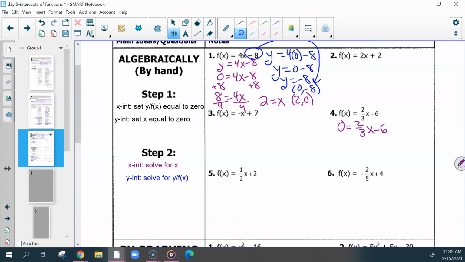Add 6 to both sides. And then either multiply both sides by 3 and divide by 2, or you can do it all at the same time and multiply both sides by this fraction flipped.